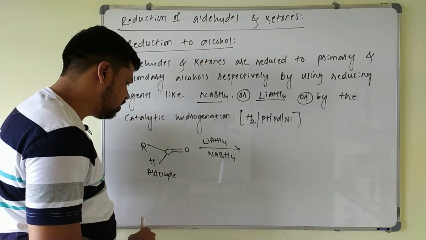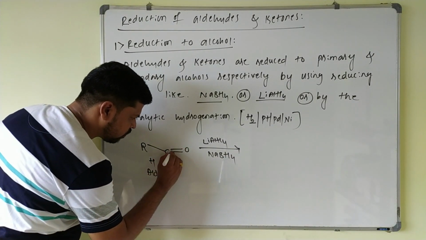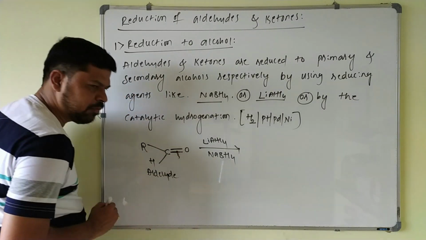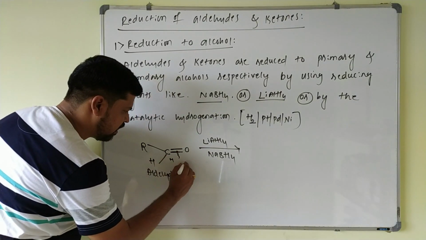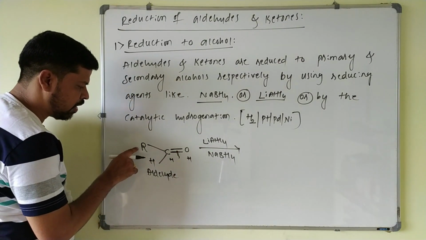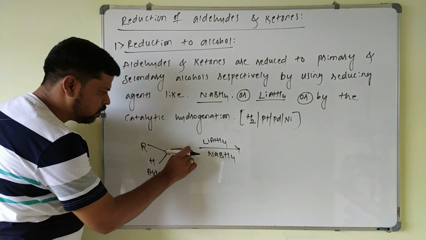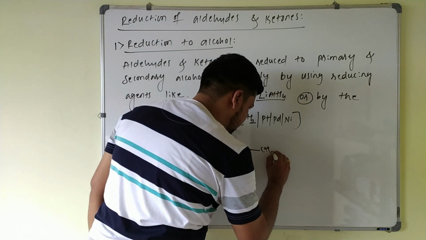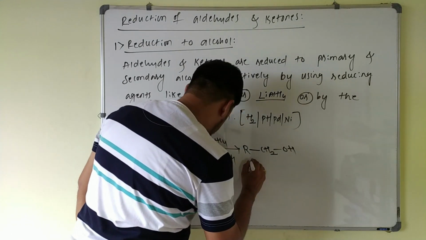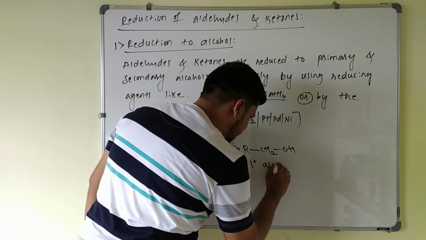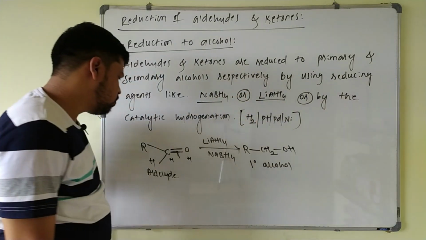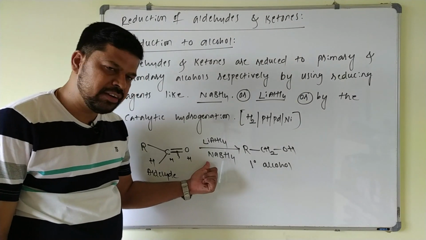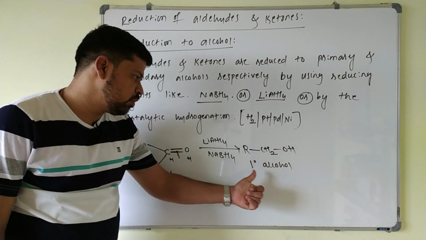Catalytic hydrogenation. What you have to do is, between the carbon oxygen double bond, just break one pi bond. You add one hydrogen here and one hydrogen here. So this becomes RCH2OH. So they are reduced to the primary alcohol RCH2OH. This will be your primary alcohol.